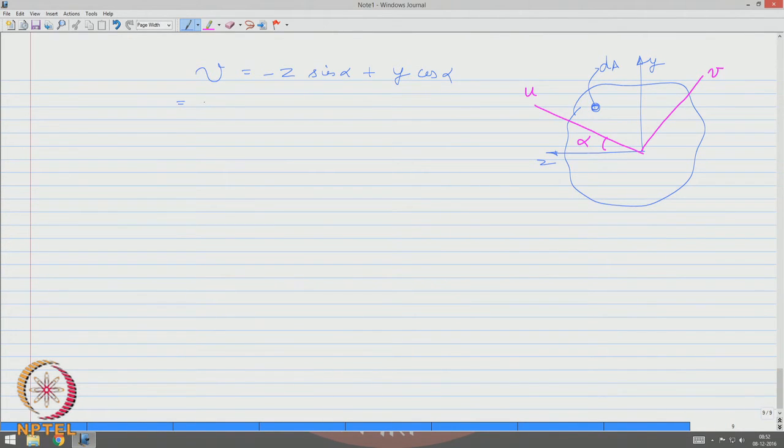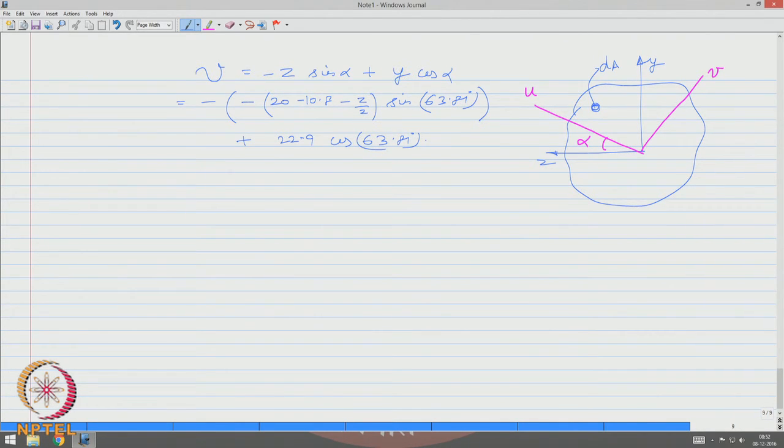So, which will be minus of 20 minus 10.8 minus z by 2 of sine 63.81 degrees plus 22.9 cos 63.81 degrees. Okay. That is going to be my V value.